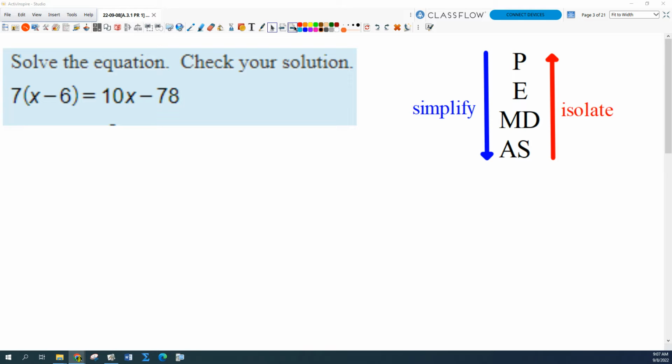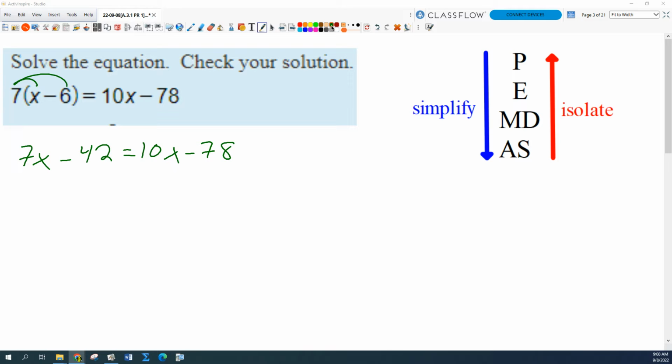Is there multiplication? There is. What do I have to do for multiplication, Tayden? There you go. I have to distribute that 7. The 7 is being multiplied by this whole quantity. So the first thing we're going to do is distribute that 7 to both parts. So I get 7x minus 42 equals 10x minus 78.